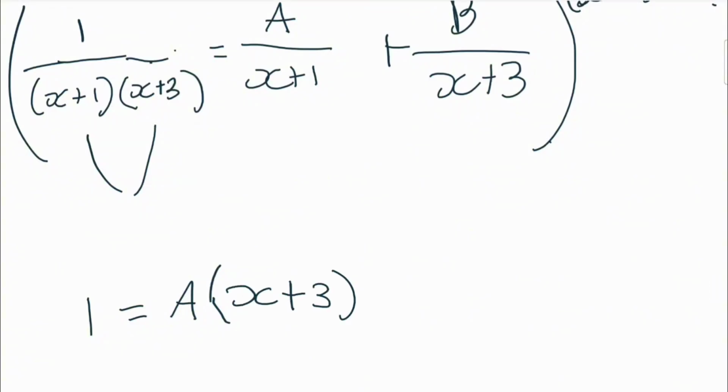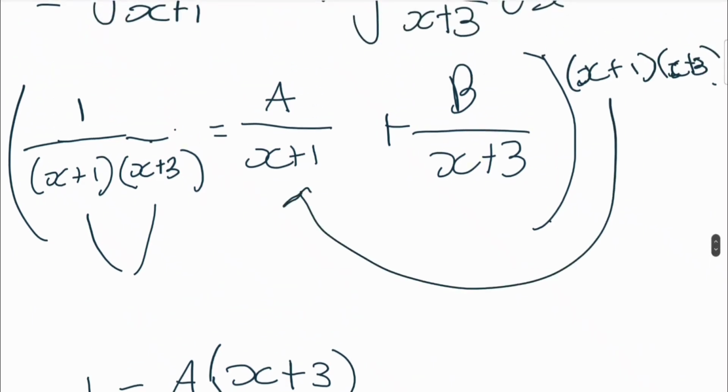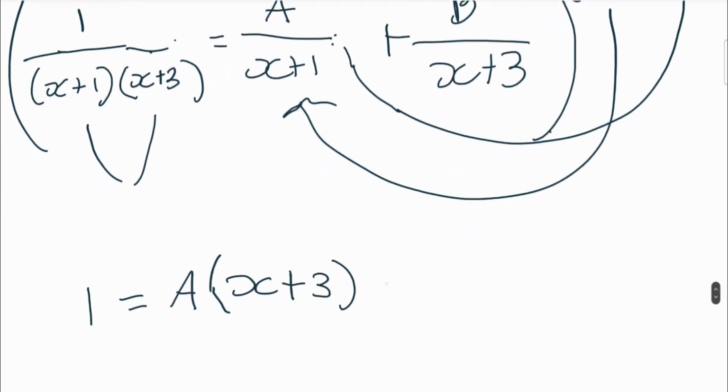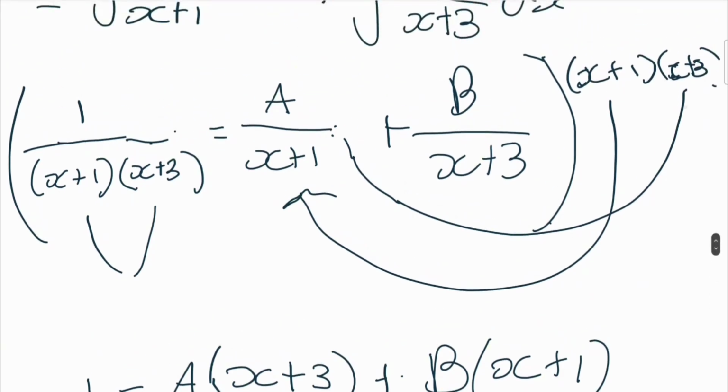This is because the x plus 1 cancels out the denominator, so it is being multiplied by x plus 3. And b, you can probably see, is going to be multiplied by x plus 1. This is because the x plus 3 will cancel out the denominator, so we're left with x plus 1 multiplied by b.